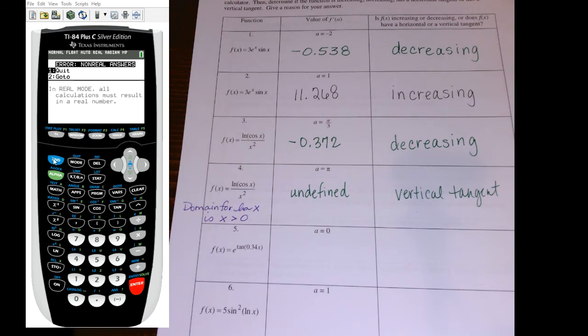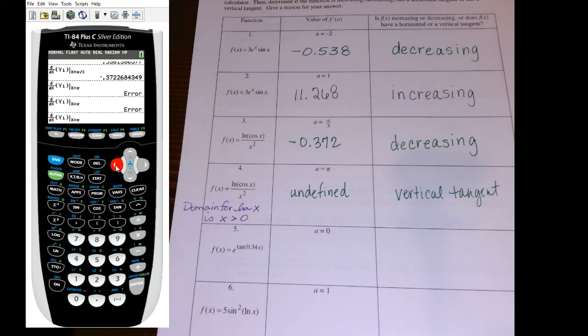We've got number 5 next. I've got to type it in. I've got a new function in my Y1. So I'm going to type in e to the tangent of 0.34x. Let me close it up. I'm going to go to my home screen by doing second mode. I'm going to recall that previous statement by doing second enter.